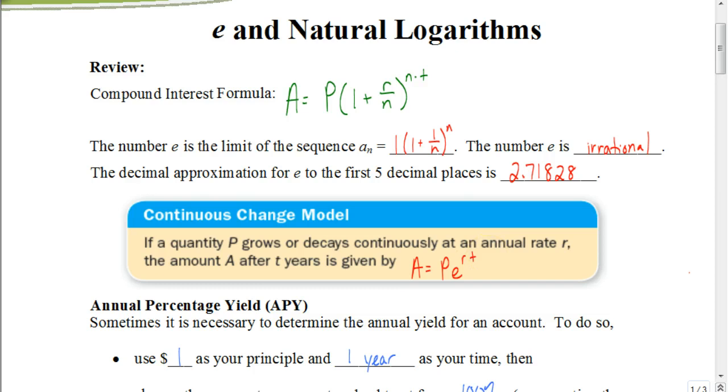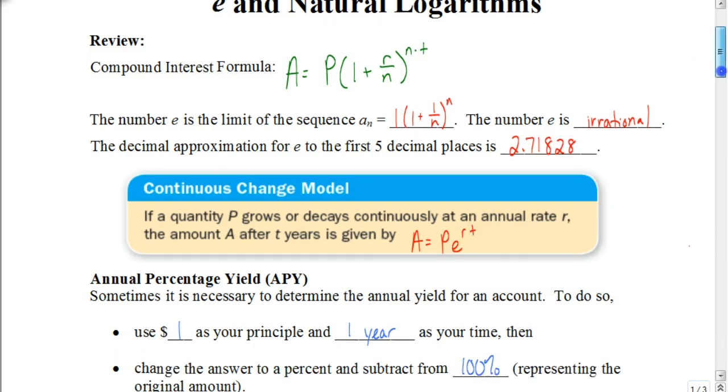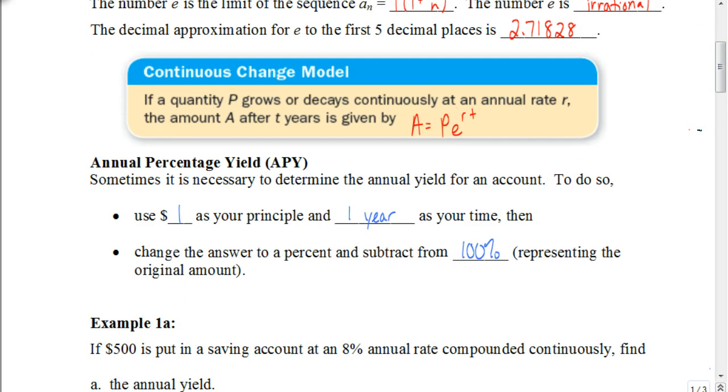Now sometimes we're going to be asked to find the annual percentage yield. How do we do that? Well, the annual percentage yield is what you are gaining every year in interest. To figure that out, if we don't know what it is, we would use $1 as your principal and 1 year as your time, and plug that in, and you're going to get an answer in the form of a decimal.